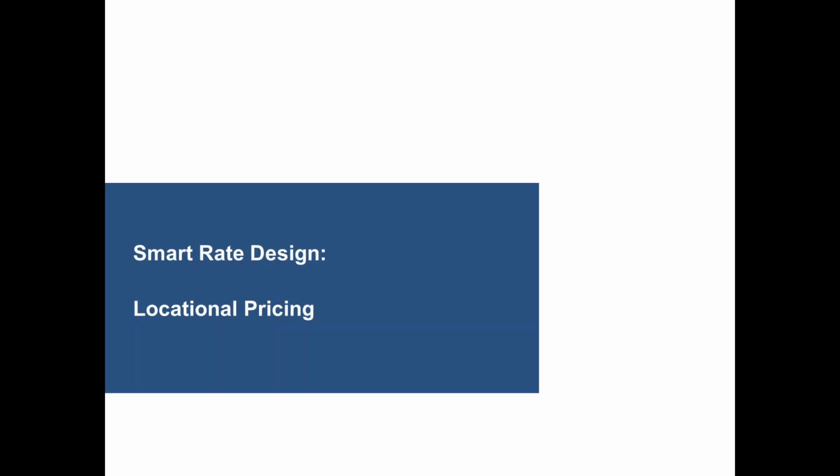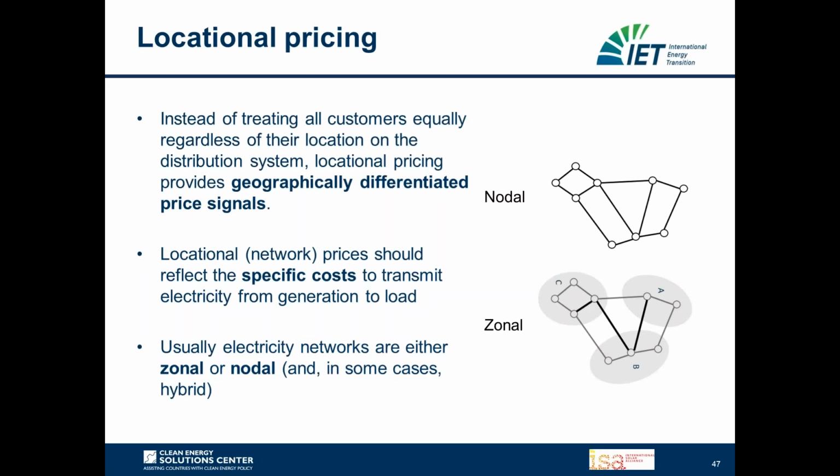Now I want to spend 5 minutes to talk with you about locational pricing. Time is one variable you can change when it comes to smart rate design, and location is the other one. The reason is that in power systems you might have grid constraints in certain parts of the grid where power generation becomes more expensive, or where you would need additional generation capacity. You might also have zones where this is not the case.